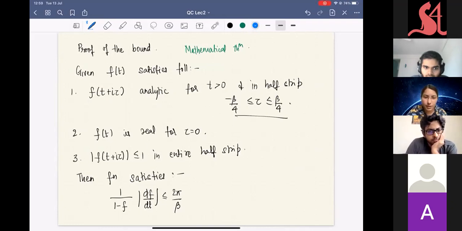Maybe I can read the question again. Sure, please. That would help. Nihal, was it? Yes, the last message. So the inverse temperature beta appears in the first inequality, and also in the last inequality.